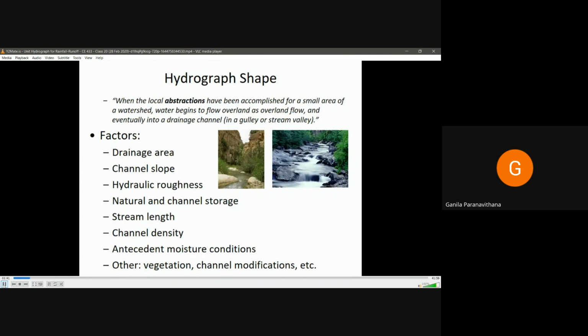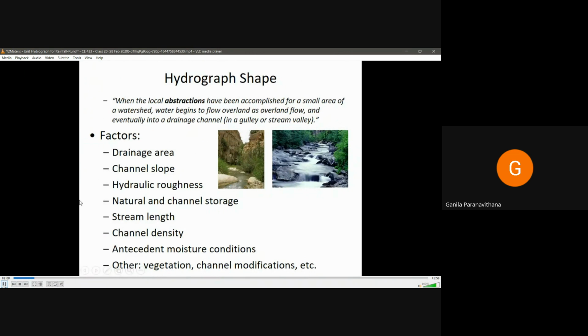And it brings to mind the idea that there's this work or obstruction in the way of overland flow, and it's the abstractions: the surface wetting, filling up the pores in the pavement, wetting the side of a building, wetting the leaves and the leaf litter on the ground. So once all of that's done, then we can see overland flow starting to occur.